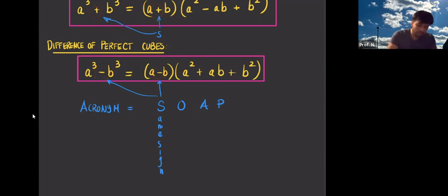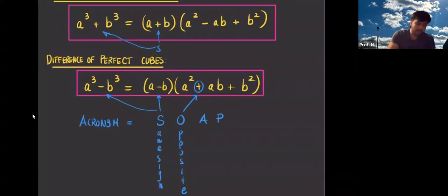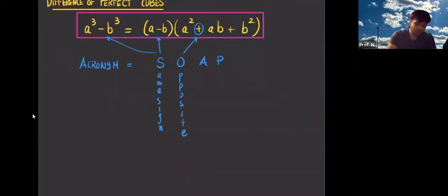Then what does the O represent? The O represents the opposite. That means the plus sign here is the opposite of the negative sign, and the same goes for this one: the minus sign here is the opposite of the plus that we started with. The last two letters go together. A stands for always, and P stands for positive.